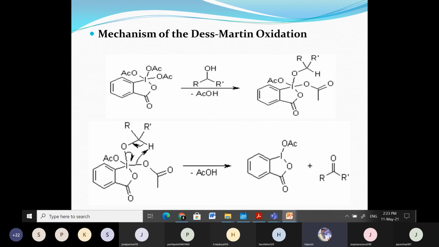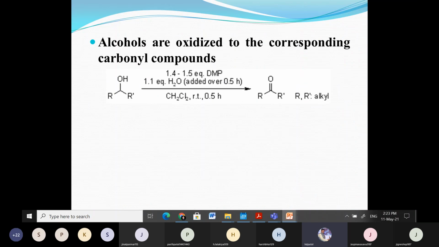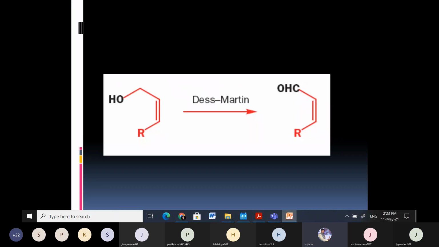This is the advantage of this reaction. Here is another example. You can see it's a primary alcohol. Primary alcohol by treatment with DMP or Dess-Martin reagent will convert into aldehyde.